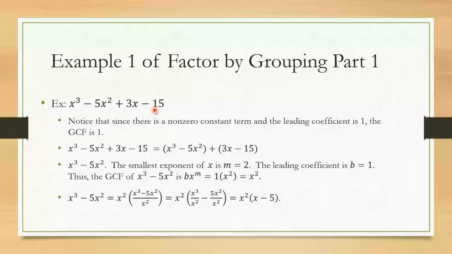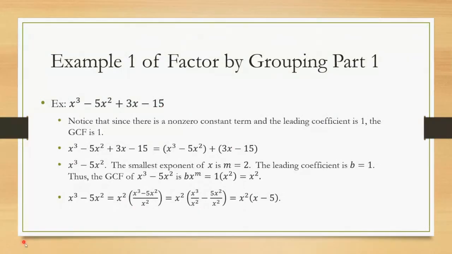The x cannot be in the GCF because not every term has a variable in it. Also, there's a coefficient of 1. And if there's a coefficient of 1, that means the greatest common factor among all the coefficients and the constant term is going to be 1.